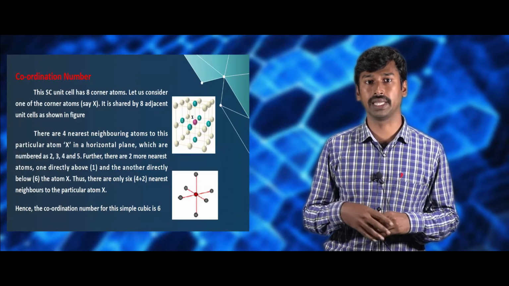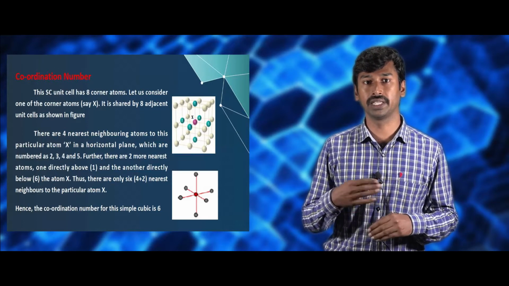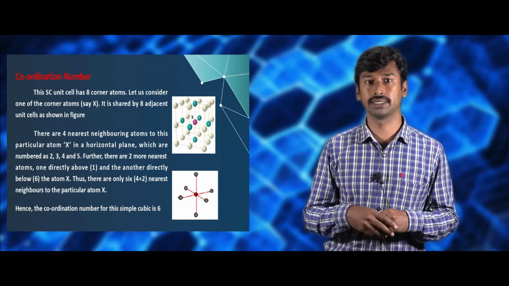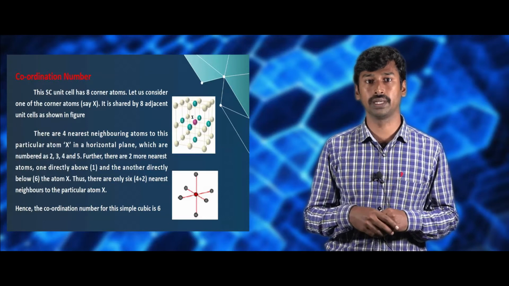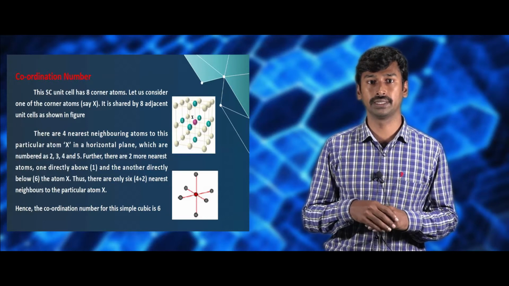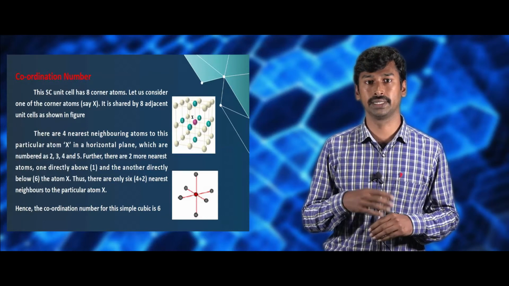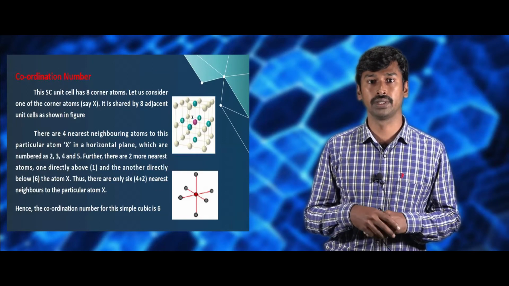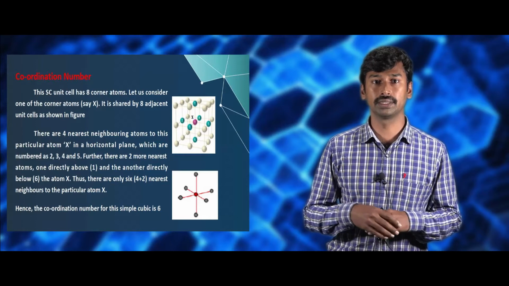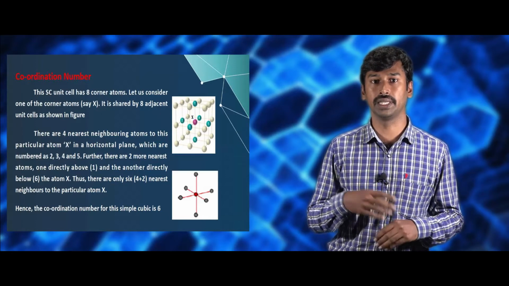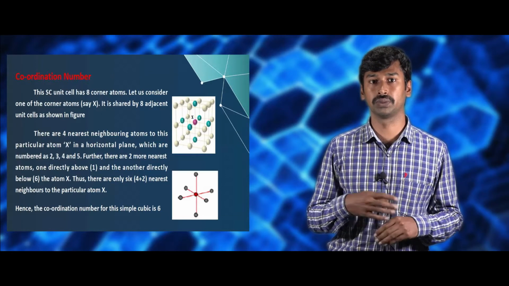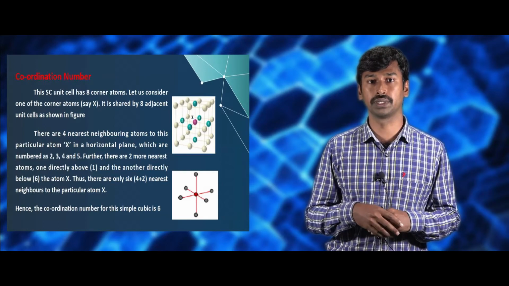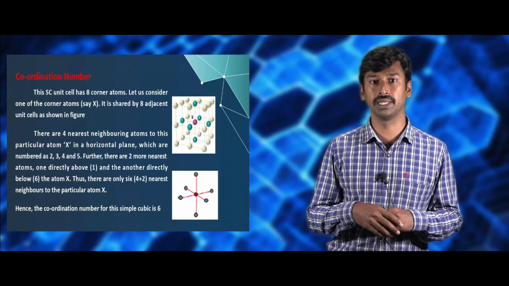Another 2 nearest neighboring atoms lie vertical to this atom, one above and another directly below atom X. Hence there are totally 6 nearest neighboring atoms for this simple cubic crystal system. Hence the coordination number for the simple cubic crystal system is 6.